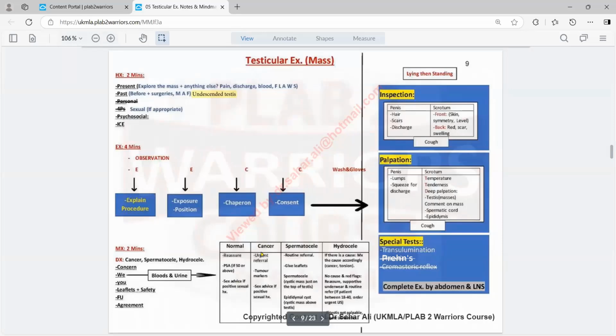In cancer, you have to deliver the diagnosis very, very sensitively. How to do that?